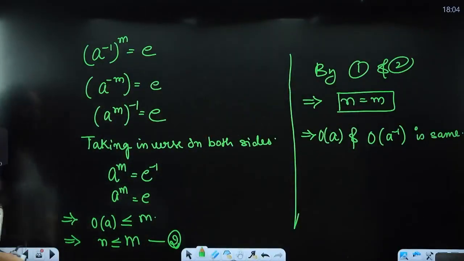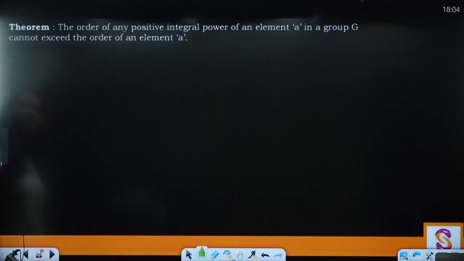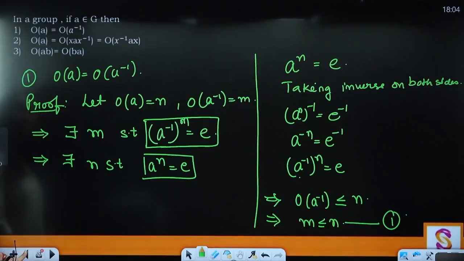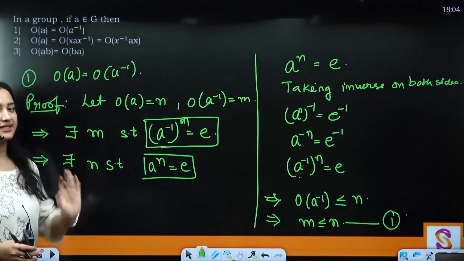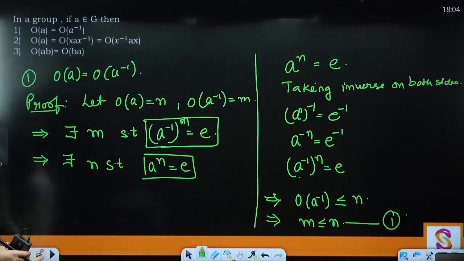Chalo. Next up we have: order of A is equal to order of xAx inverse is equal to order of x inverse Ax, right? Chalo, let's prove it.